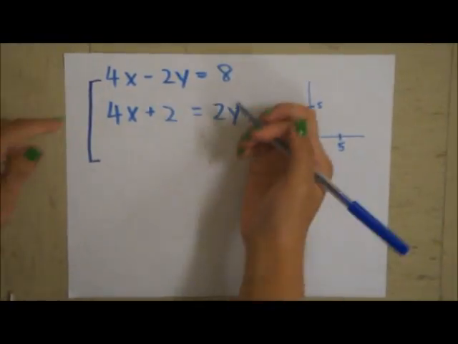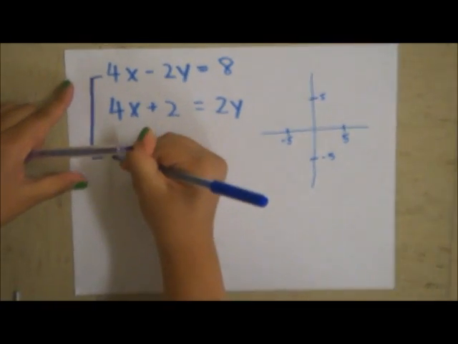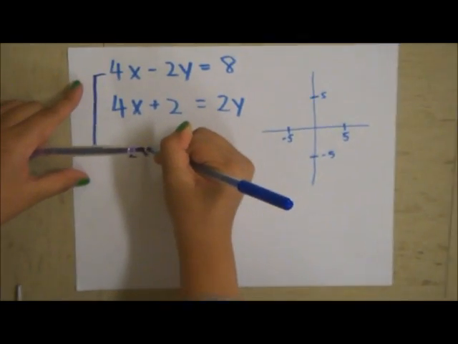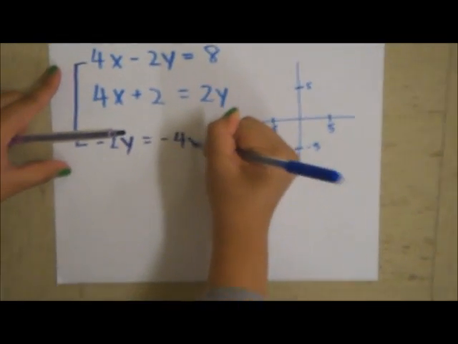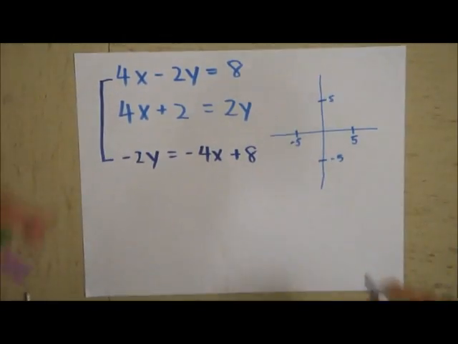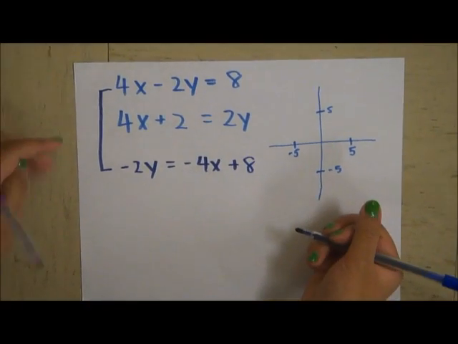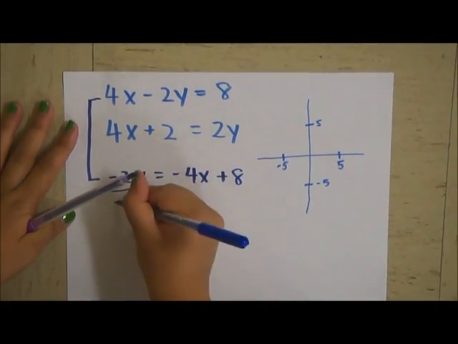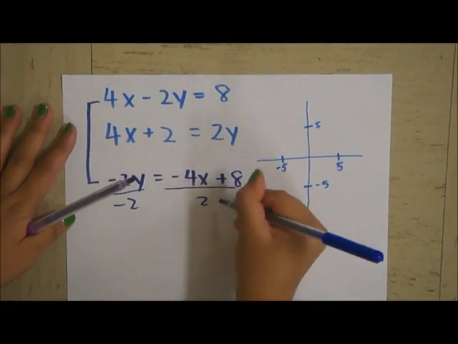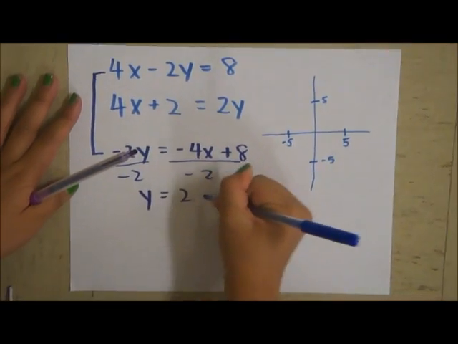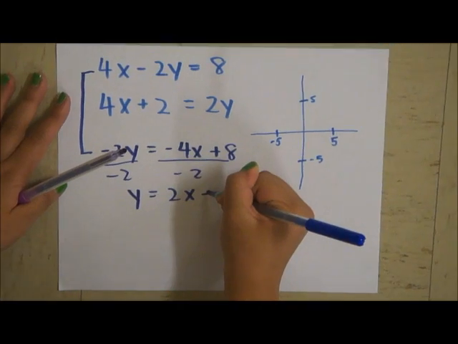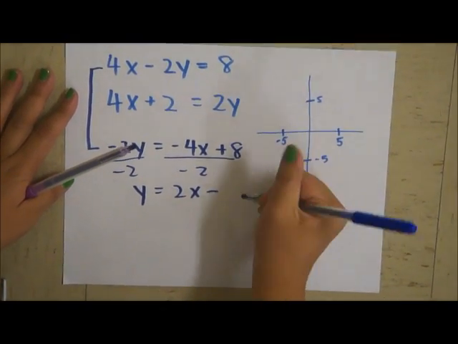you have to isolate y, so move the 4x over to get negative 2y equals negative 4x plus 8. Then to isolate y, divide it by negative 2 on both sides, and you will get y equals 2x minus 4.